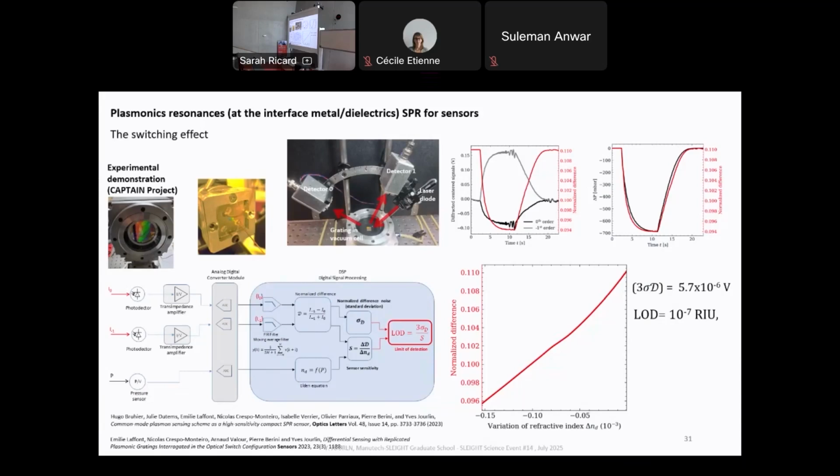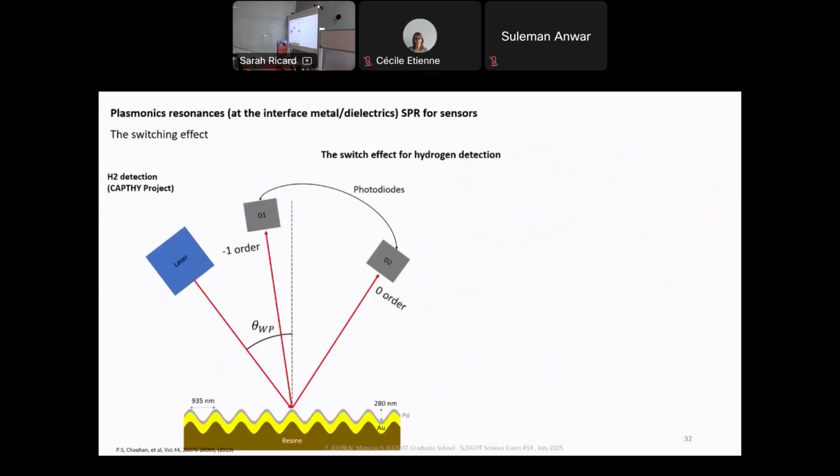We measure this difference as a function of pressure, because the refractive index depends on the pressure, and we can calibrate our sensor in terms of LOD. So it means in terms of what it is possible to measure in variation considering the refractive index. And we achieve 10⁻⁷ refractive index unit. It is in the state of the art.